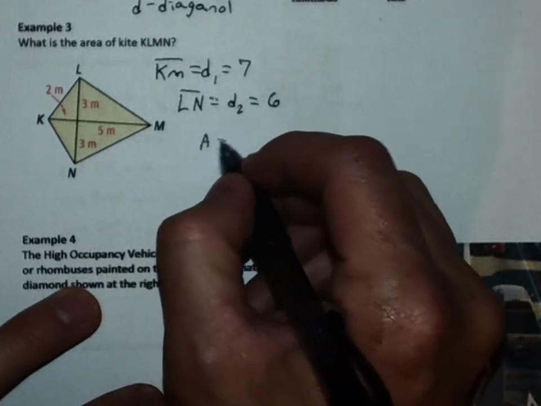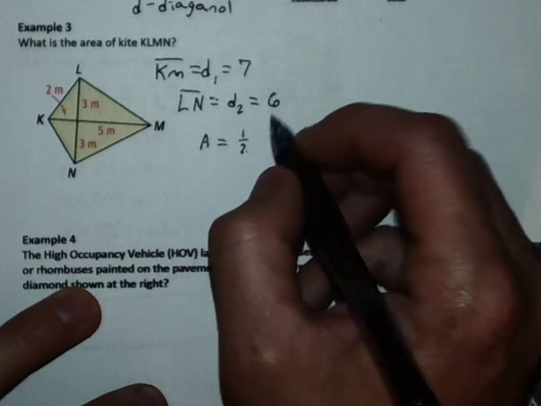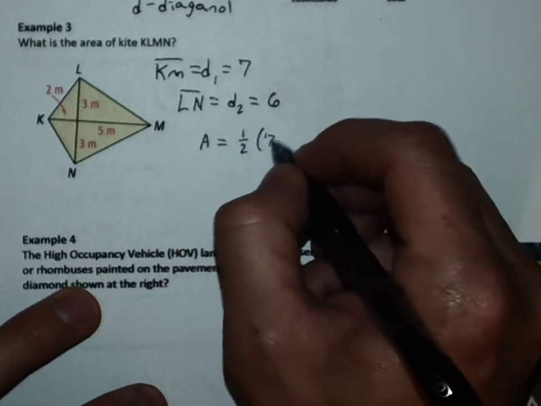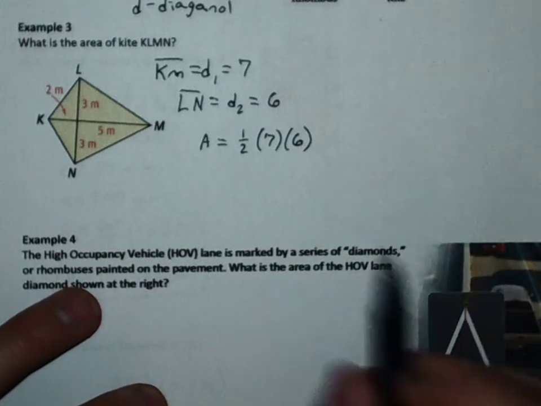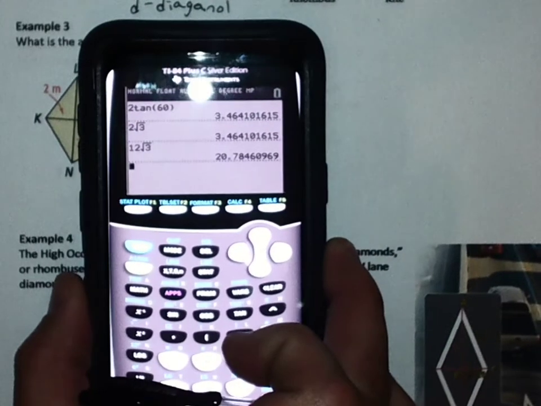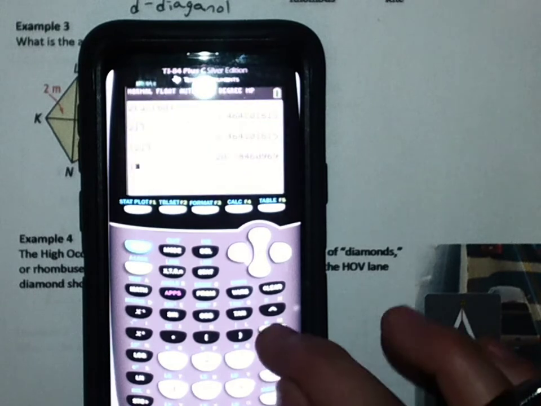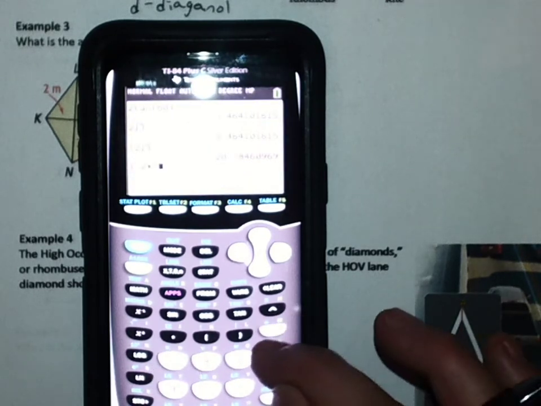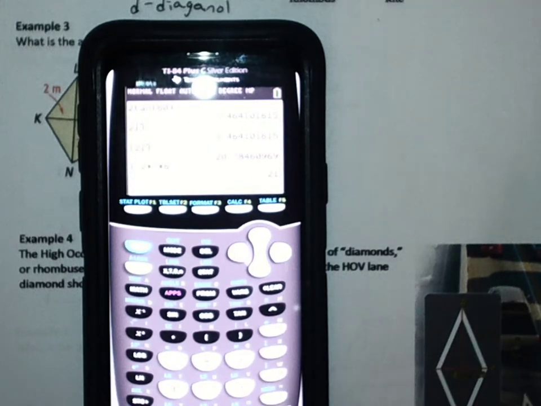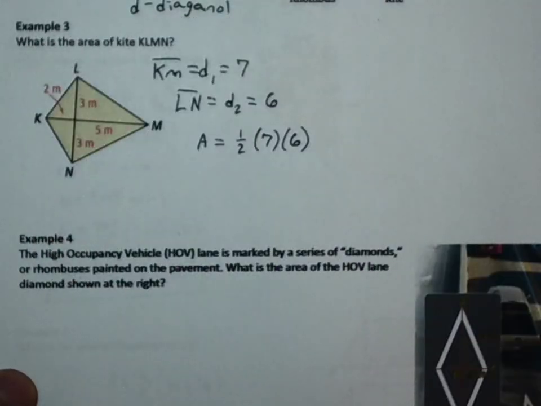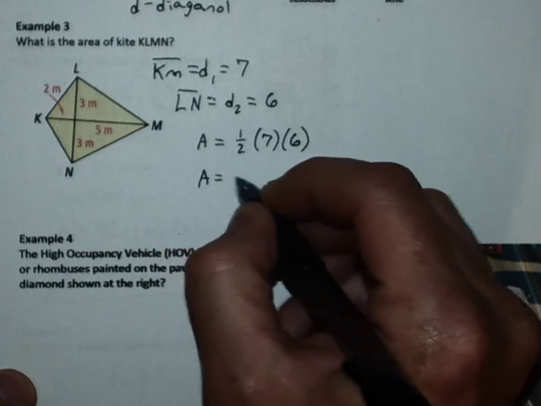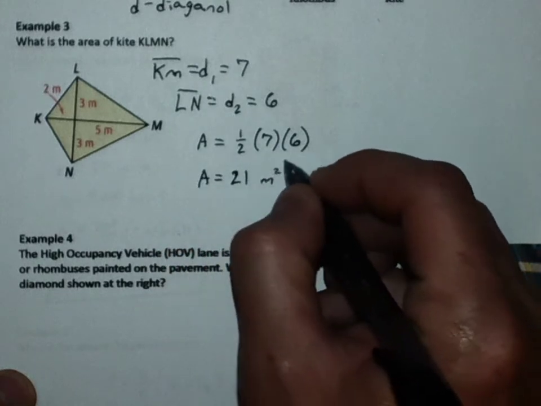So the area is going to be 1/2 times diagonal 1, which is 7, times diagonal 2, which is 6. Take out your calculator: 1/2 times 7 times 6 is 21. So the area of that one would be 21 meters squared.